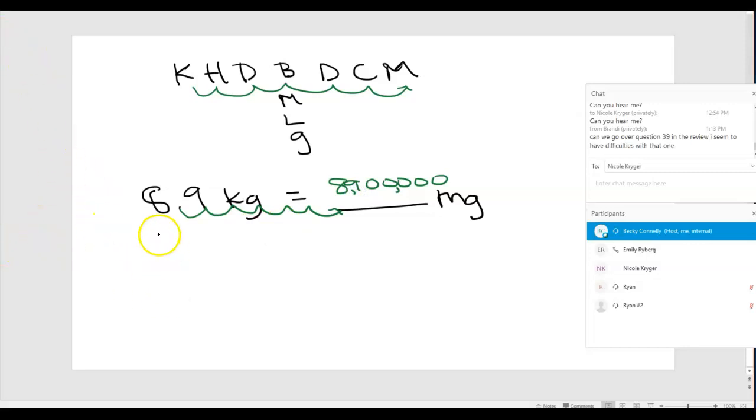Okay, so let's do 324.5 centimeters equals how many kilometers?